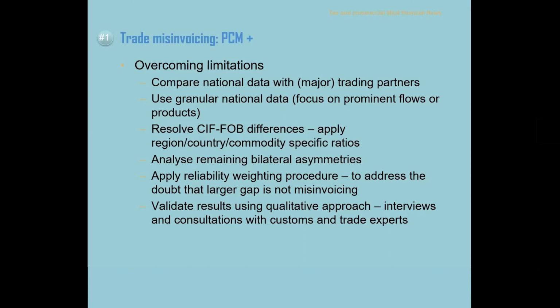So we mentioned earlier, statistics usually held by customs authorities or anybody else within a national statistical system, and applying our method on those data would be improving the accuracy of our estimates.